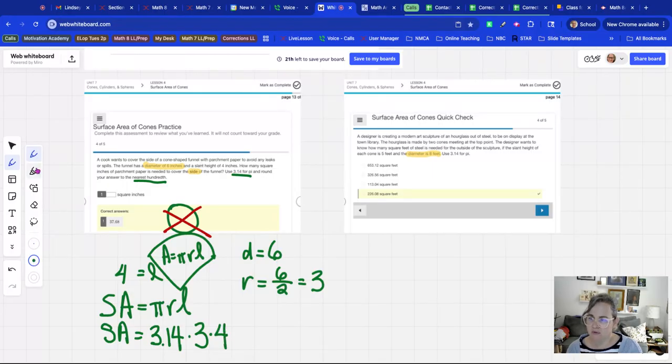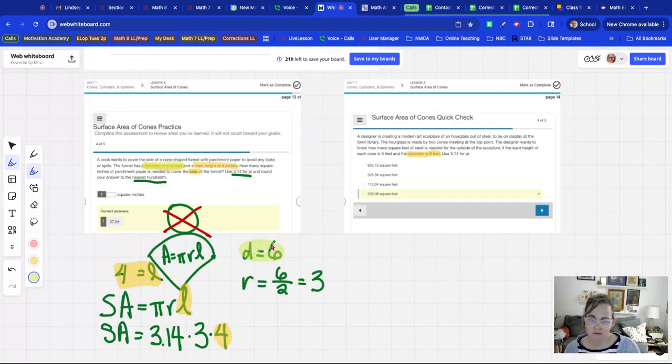Okay, so let's color code this a little bit. So remember that the slant height was given in the problem right here. That's the 4. That's the L in the formula. Okay. Remember that the diameter was given right here, 6 inches.